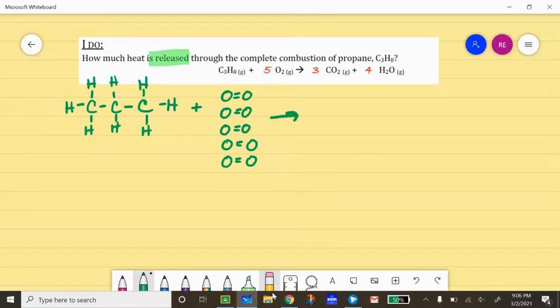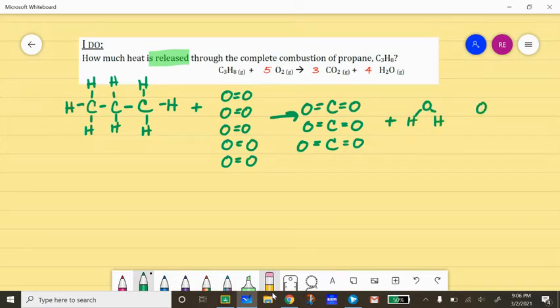Then the products: we're forming 3 moles of CO2, so we draw 3 of those to represent the 3 moles of carbon dioxide being formed. The other thing we're forming is 4 moles of water.